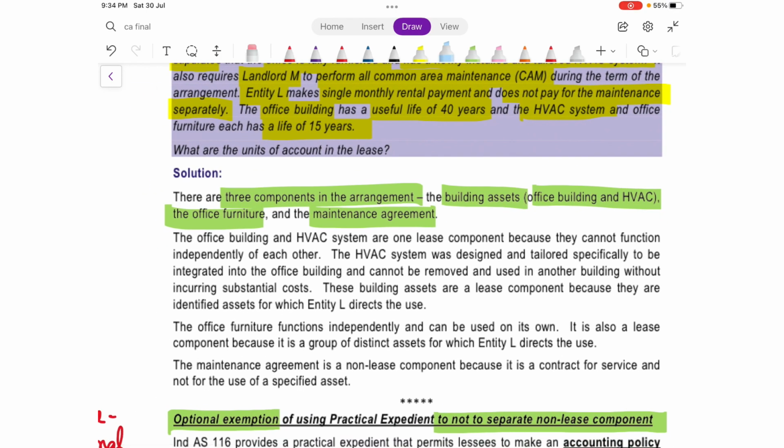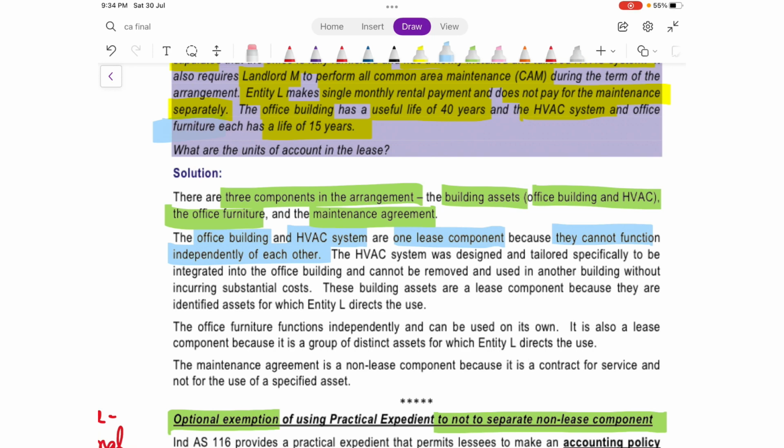Here they are saying that the office building and the HVAC system are one lease component because they cannot function independently of each other. The office building can function independently, but what about the HVAC system? Since it is installed in the office building, it will form part of one lease component. The office furniture can operate separately, correct?